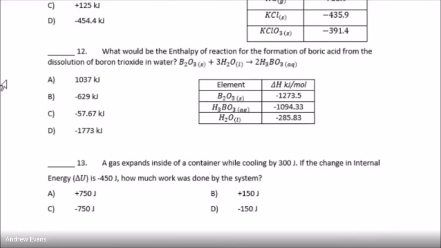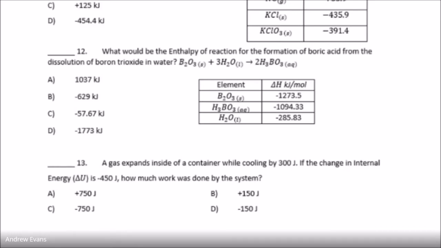So just write the numbers down. Negative 1273.5, H3BO3 is negative 1094.33, and water is negative 285.83. Okay.